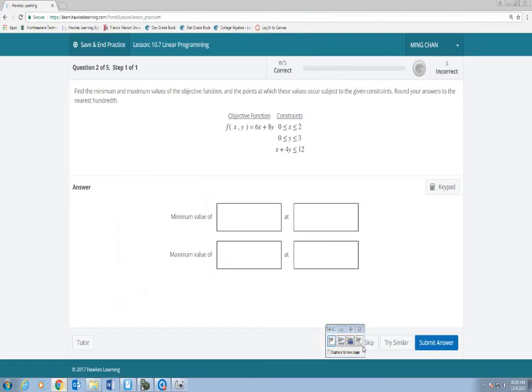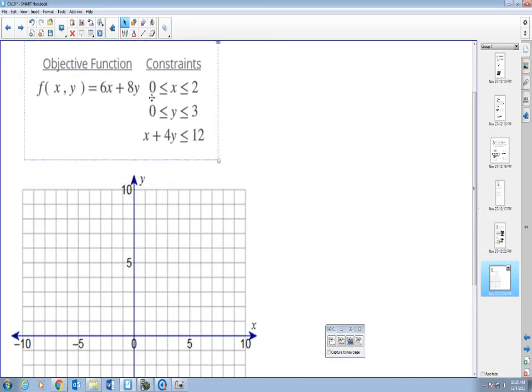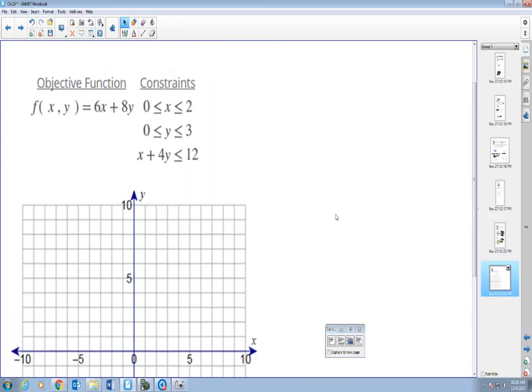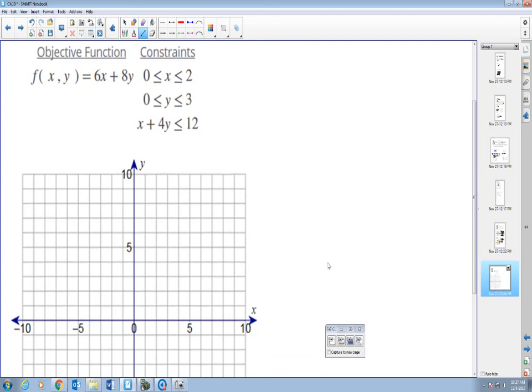Let's see how we're going to do that. Okay, let's draw my lines. X has got to be bigger than 0, but also less than or equal to 2.